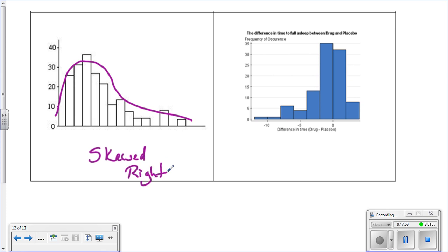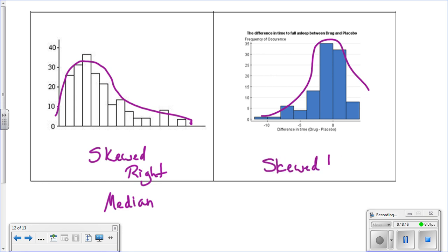And if I asked you what measure of central tendency, because of these higher values here, basically it's pulling the average higher. So you don't want to use that, you want to use the median. This one is skewed left. And when it's skewed, you always want to use the median.